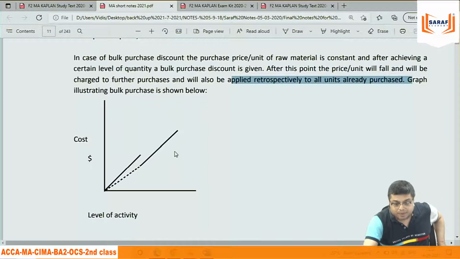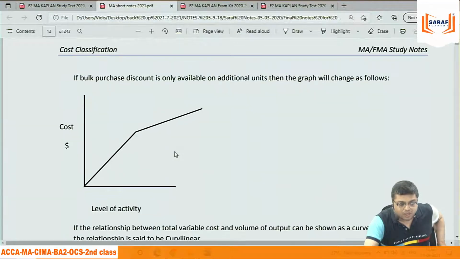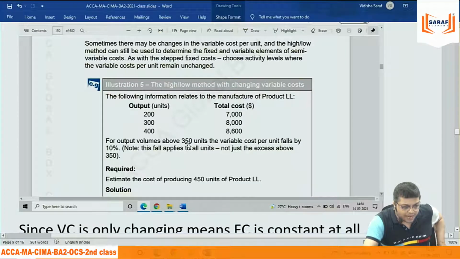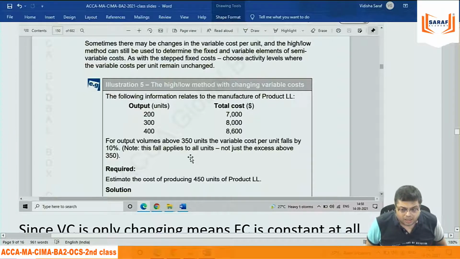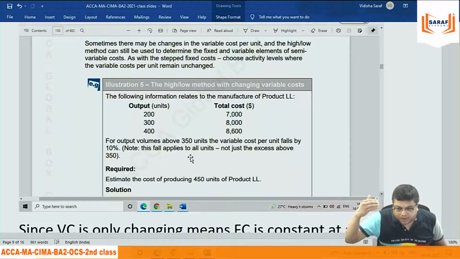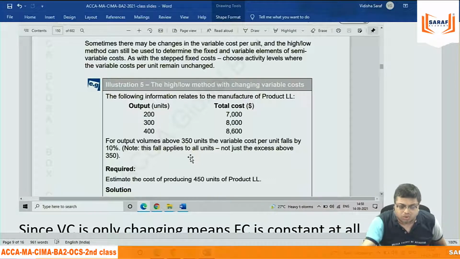When the graph is given, you need to identify the relevant explanation for the graph. In this question, we said that after 350, the variable cost per unit will be lower, 90%, not only for 351, but for 350 units also, 1 to 350.